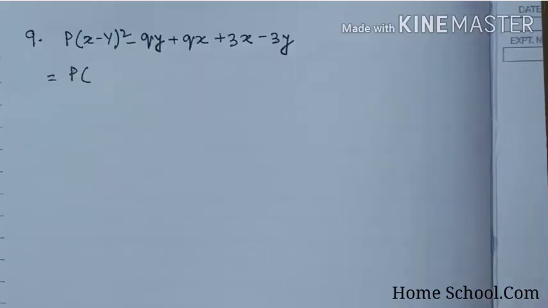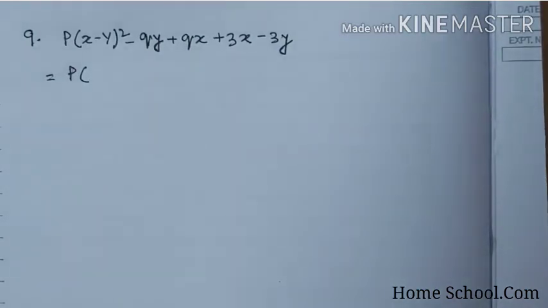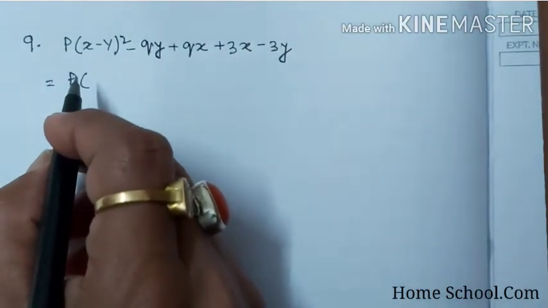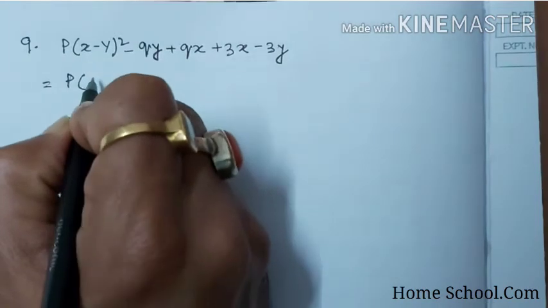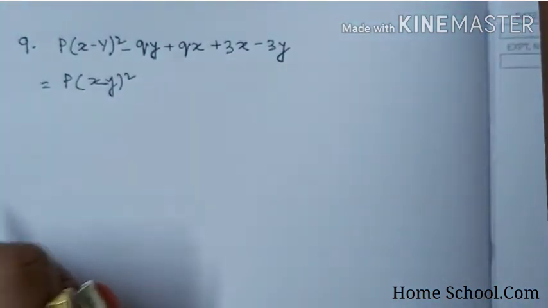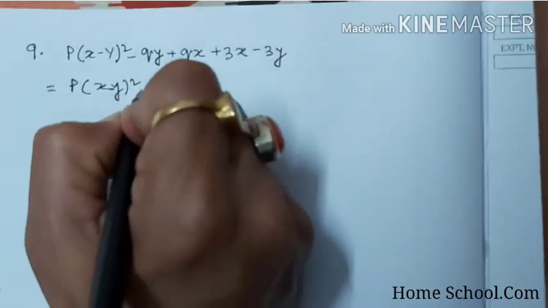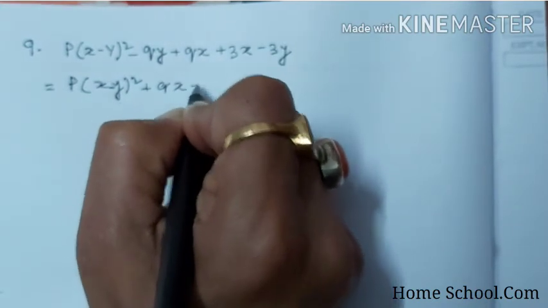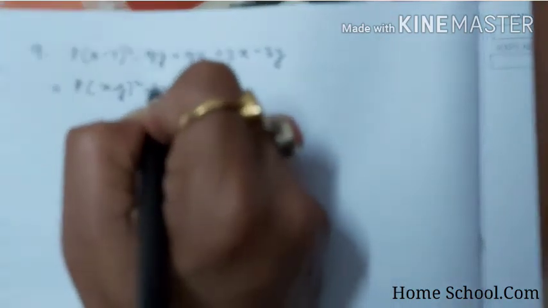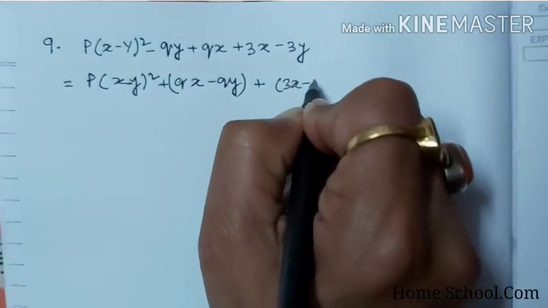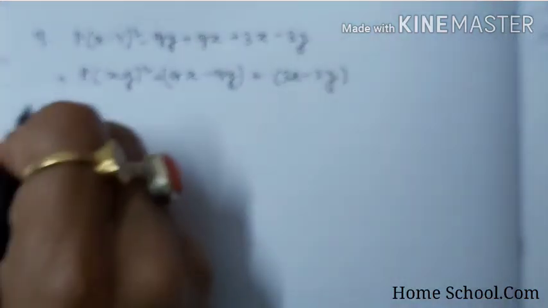Let us discuss another problem, number 9 of factorizations. How to solve it? First of all, you have to make groups. px minus y square is one group, plus qx minus qy is another group, plus 3x minus 3y is another group.